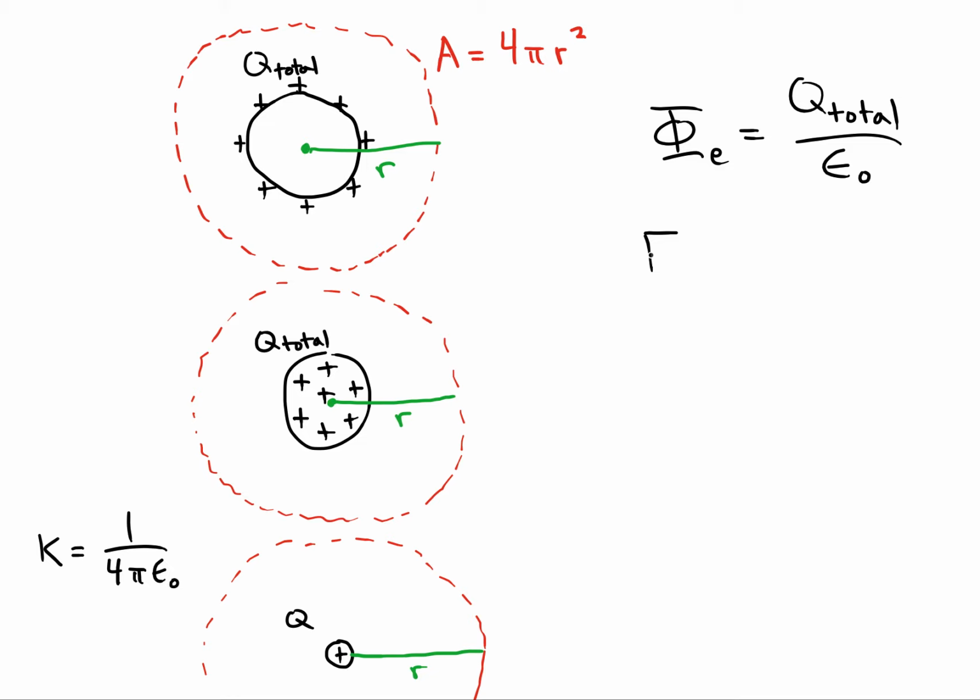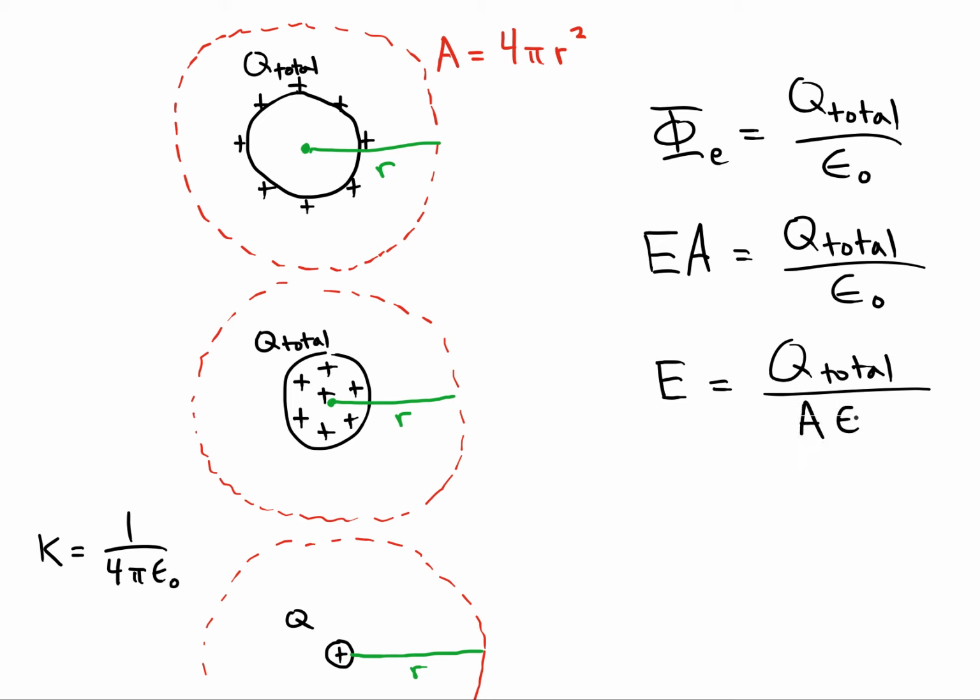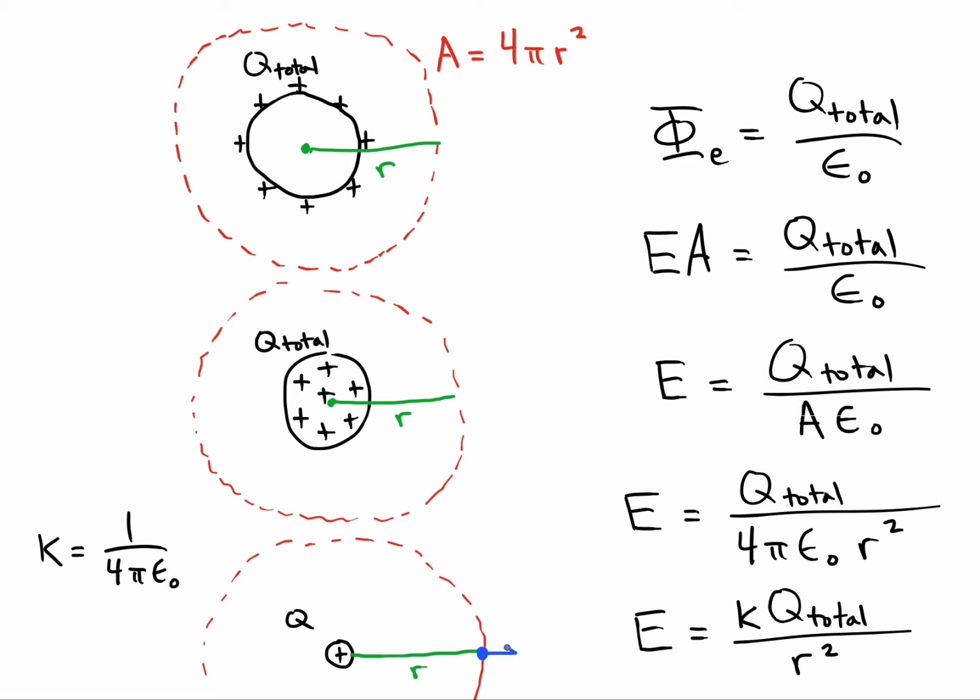We replace the electric flux with E times A. This shows us that the field strength that we get here is going to be the same for a sphere of uniform surface charge and the same for a sphere of uniform charge density. All of these will have the same formula.